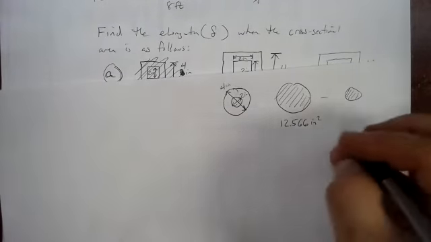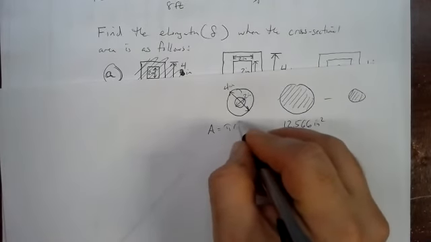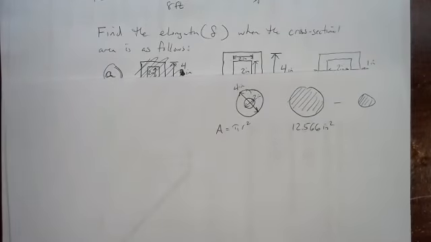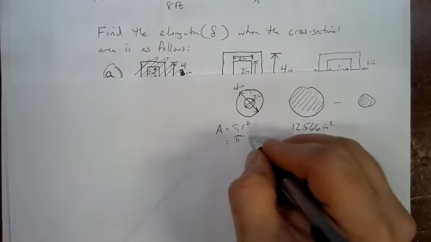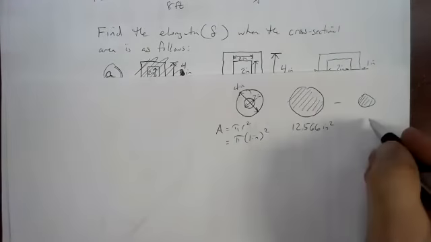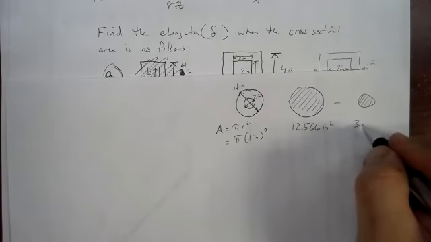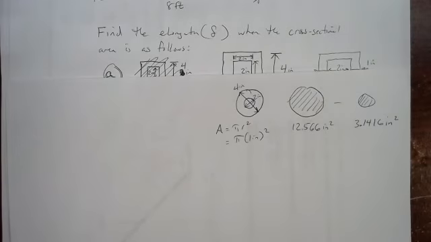The smaller one here, we've got to figure out pi r squared. For the small circle, the radius is 1 inch. So we've got pi times 1 inch squared. So that means we're going to get 3.1416 square inches.